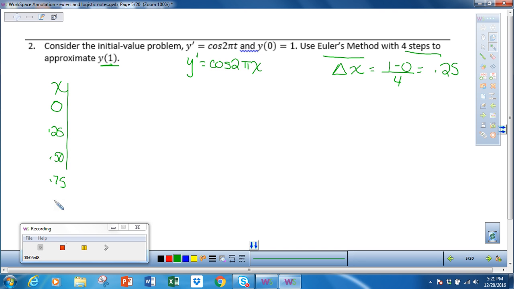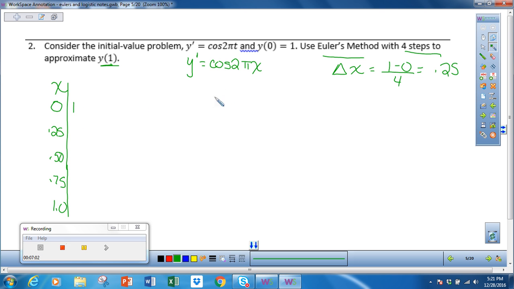And you could use fractions if you like. I don't know why I'm using decimals because I generally prefer fractions. And my initial condition was 0, 1. I said 1 and wrote 0, but let's fix that. Okay? All right.